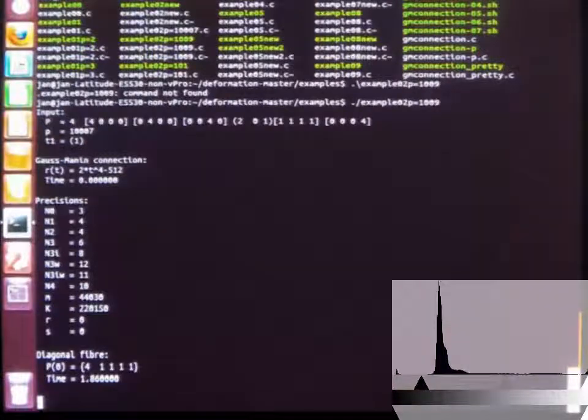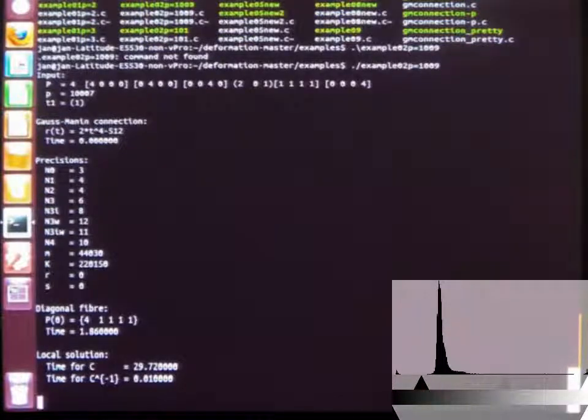So I think we can do quite big fields. I also tried 10,000, sorry, I tried the biggest one maybe. I accidentally took p is 10,007 here, and now it should take like 3 minutes, so maybe I'll just let it run. But the thing is that we really can do p is next prime after 10,000. This is because in this case this family is very sparse, so the degree of the connection matrix is very low.